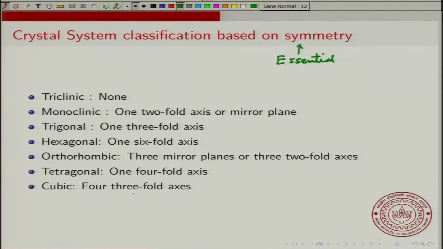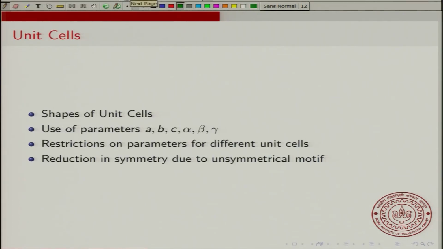Just to remind us, each unit cell has a shape, and the general shape is represented as a parallelepiped.